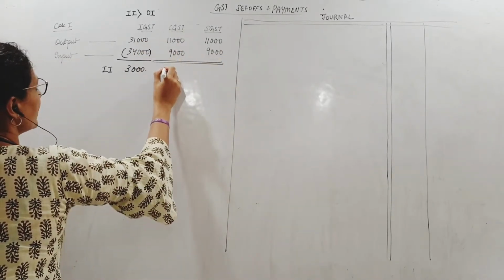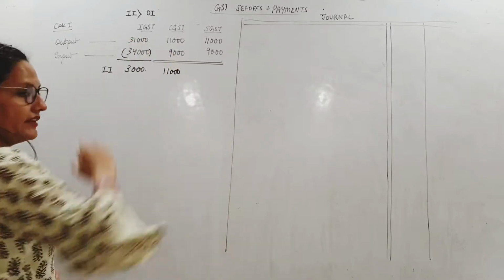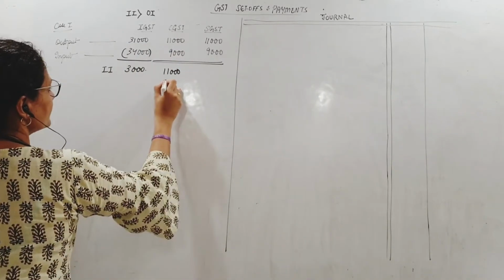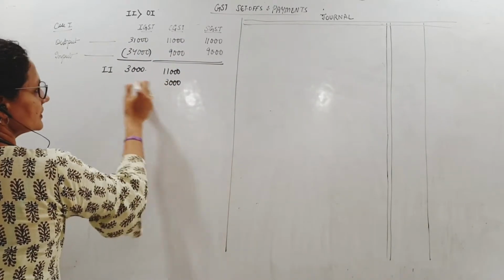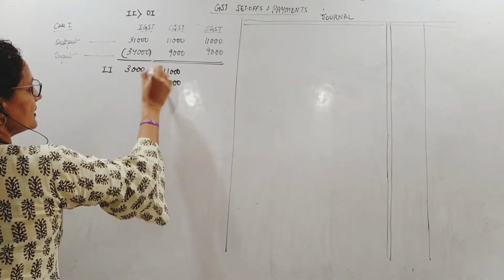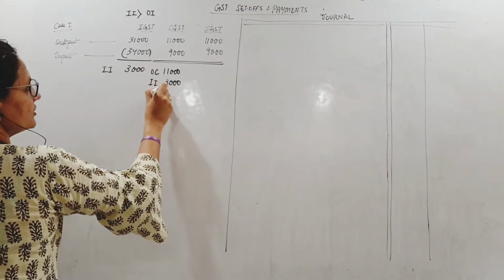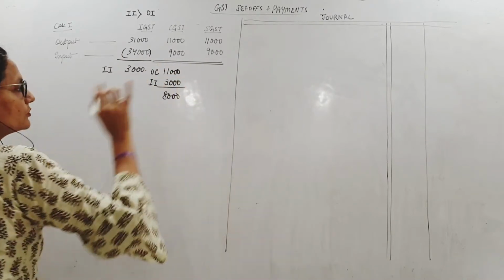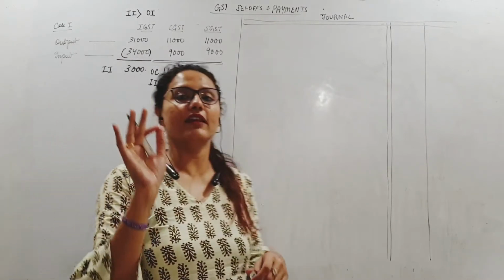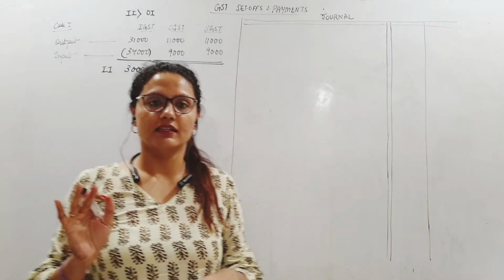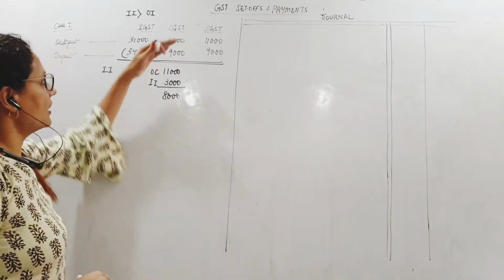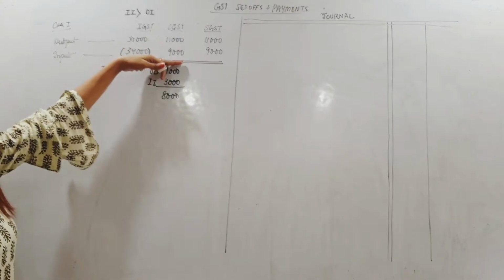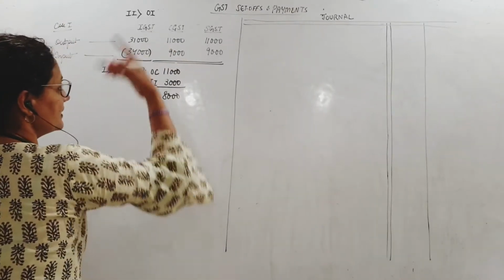Now I have output CGST of 11,000, right? Against this output CGST, I can set off the input IGST. So still I have an output CGST of 8,000 left. This I will now use to set off input CGST. Input CGST is 9,000.